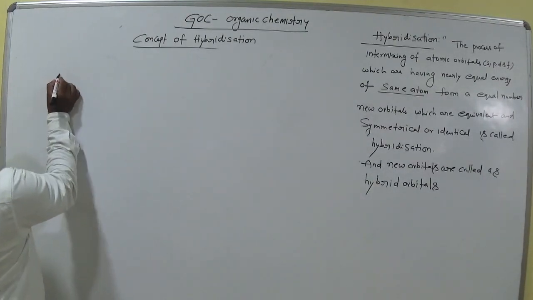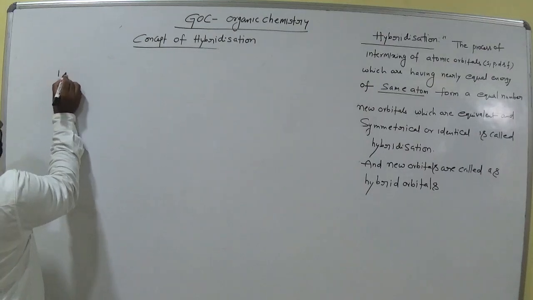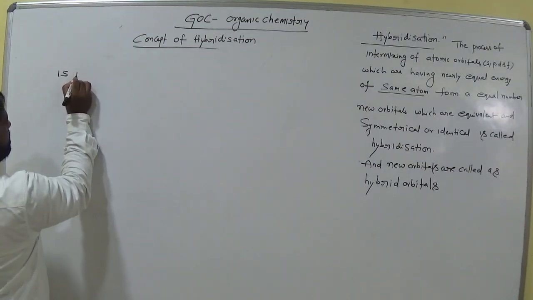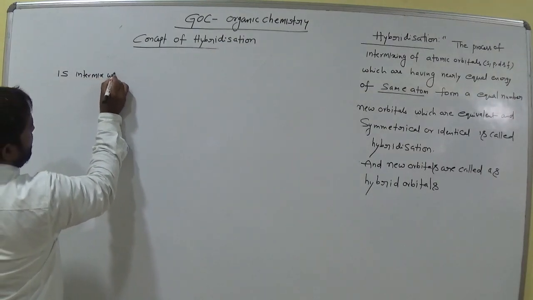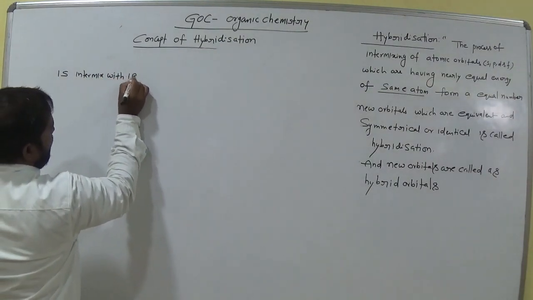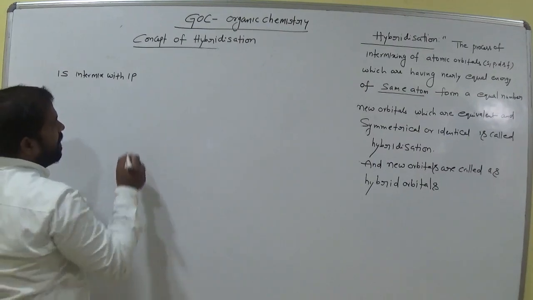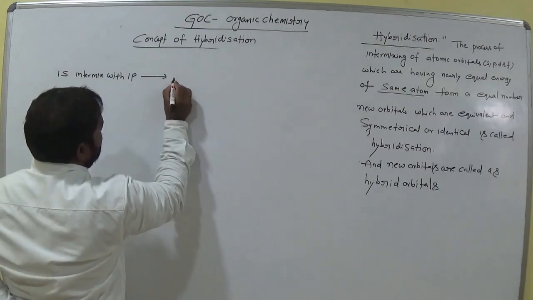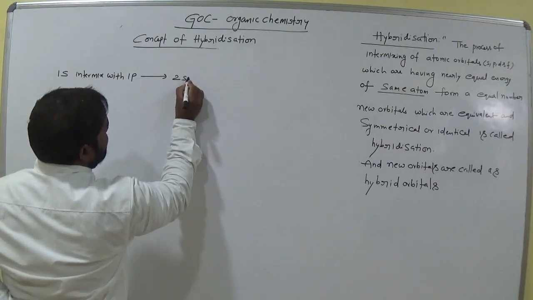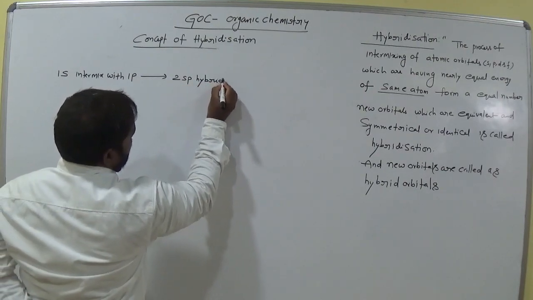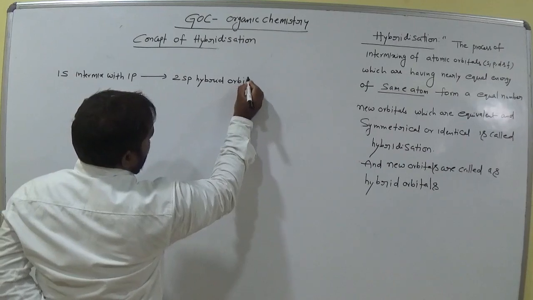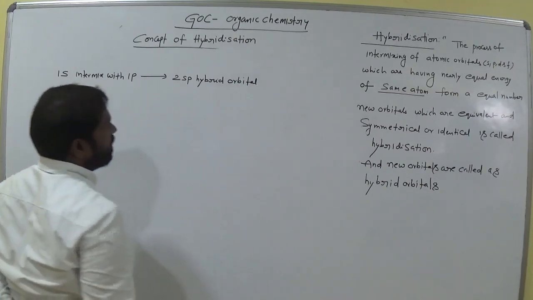Intermixing means, suppose one s orbital intermixes with one p orbital, it gives two sp hybrid orbitals.